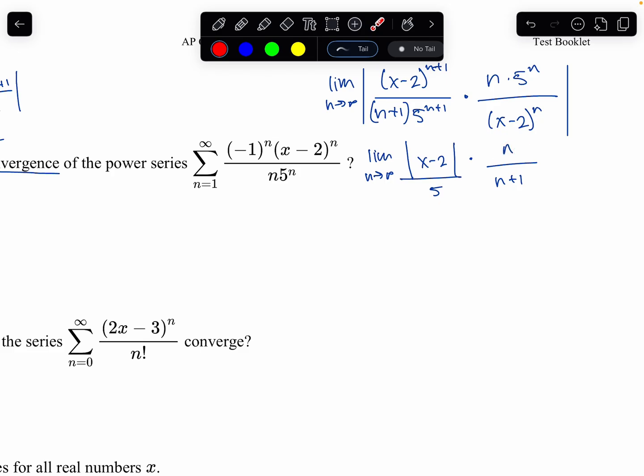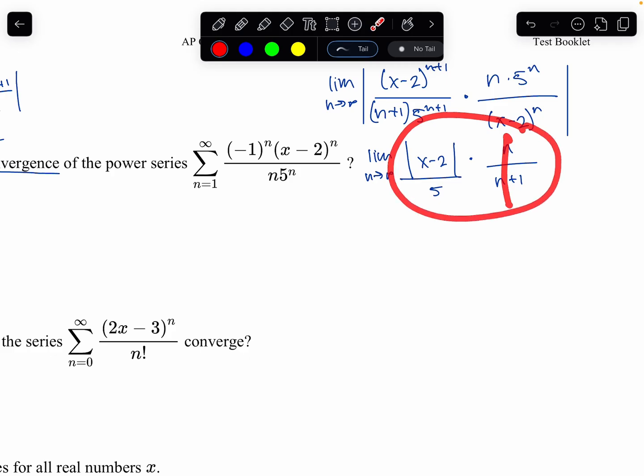The power of the numerator is to the first degree, and the denominator is also just to the first degree. At infinity, anything less than the first degree is going to be negligible, so we're just going to say n over n, or 1 over 1. So essentially, the limit as n approaches infinity of this expression is just going to be equal to 1.